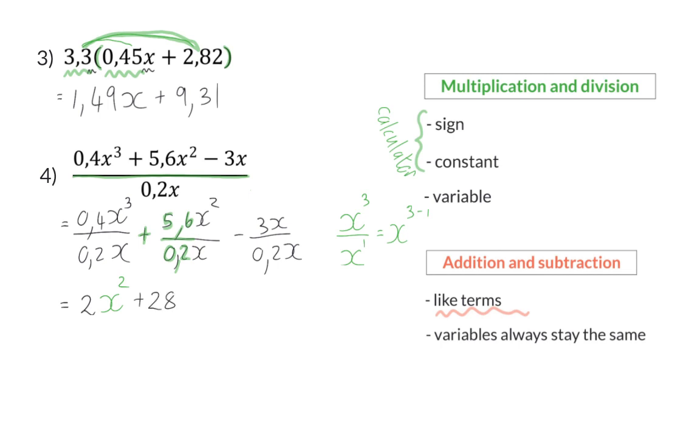This will give me 28. And for the variables, I have an exponent of 2 minus 1, which is x to the power of 1. And finally, I'm going to divide minus 3 by 0,2 to get minus 15, and the x's will simplify to no x's left. And again, this is my final answer because these three terms are not like terms.